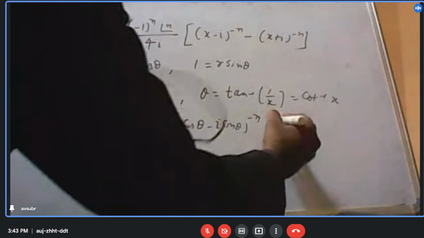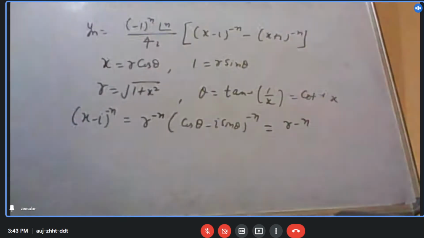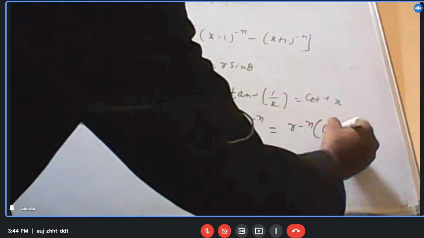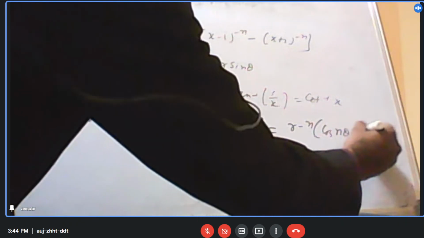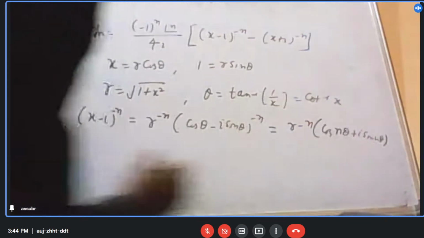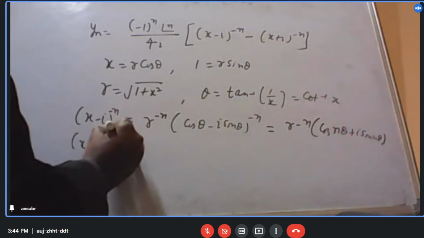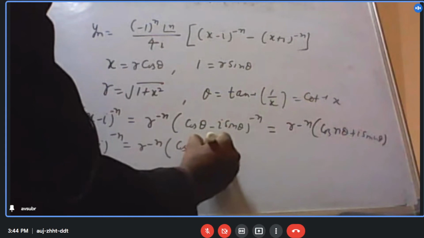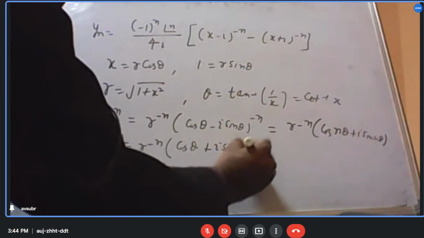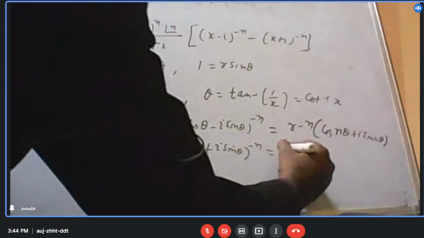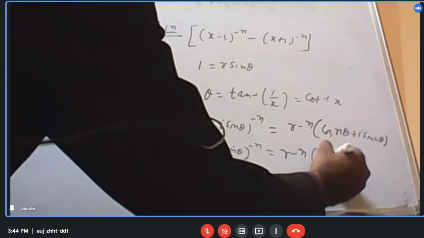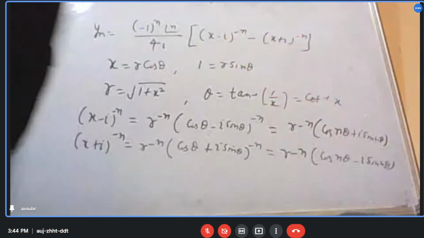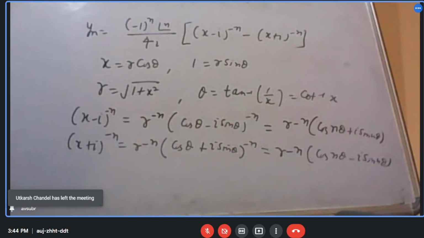So r to the power minus n into cos n theta plus i sin n theta. And similarly, x plus i to the power minus n is equal to r to the power minus n cos theta plus i sin theta to the power minus n. In other words, r to the power minus n cos n theta minus i sin n theta. Okay?